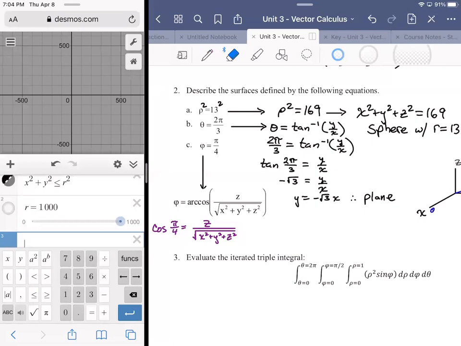Now it's in rectangular form, but it's not in any kind of recognizable rectangular form. So let's clean this up a little bit and see what's going on here. Cosine of pi over 4, we know that's radical 2 over 2. So we're looking at z over the radical. I'm just going to copy paste it.